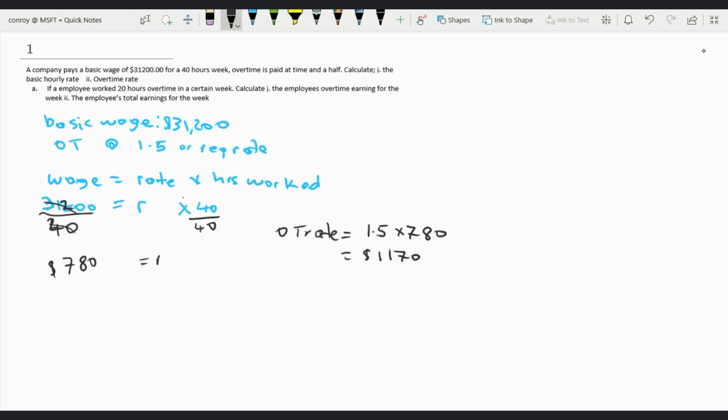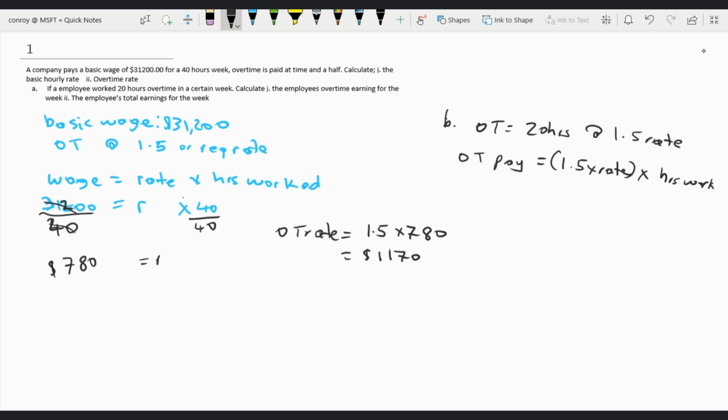In the second section now, we're told this will be B. We know we have an A right there. Our overtime hours is 20 hours. This is a follow-up, and we know that the rate is at time and a half. So overtime pay will be equal to time and a half multiplied by the rate times the hours worked.